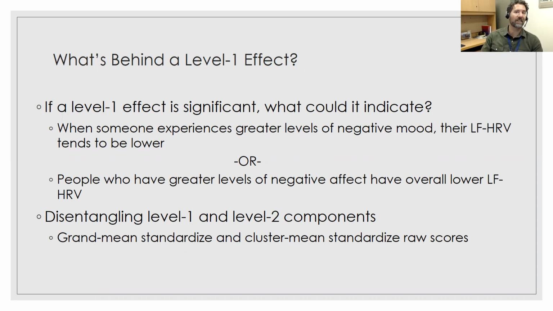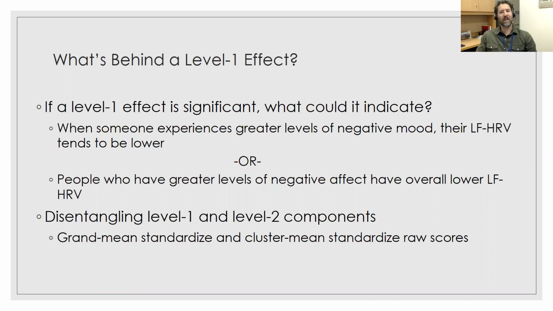So we demonstrated that negative affect is associated with low frequency HRV, but it could indicate one of two things. It could indicate that when someone experiences greater levels of negative mood, they're experiencing lower low frequency HRV. But it could also be telling us that people who have overall greater levels of negative affect have overall lower HRV. So we have to disentangle the level 1 and level 2 components.